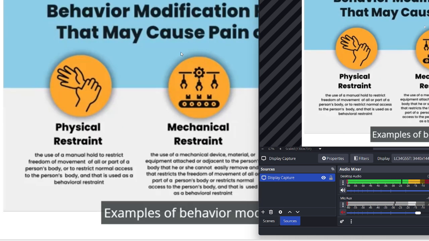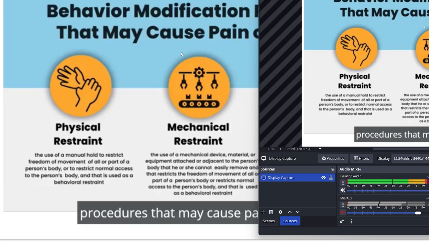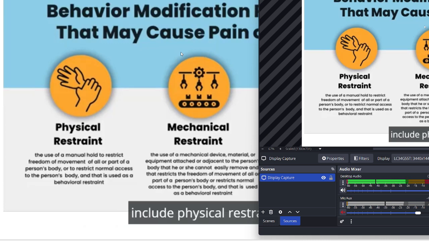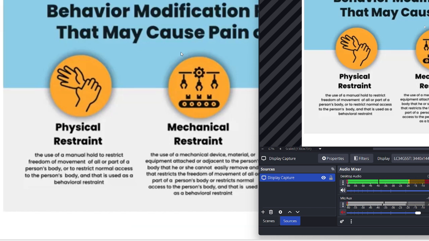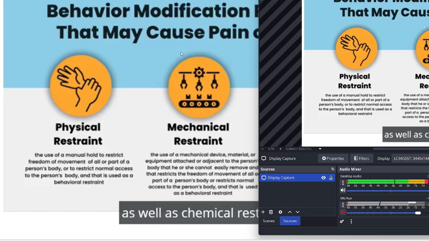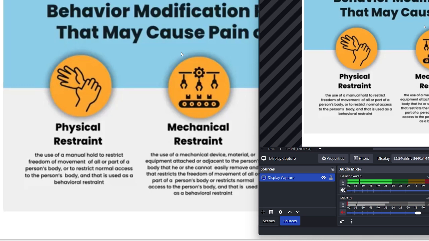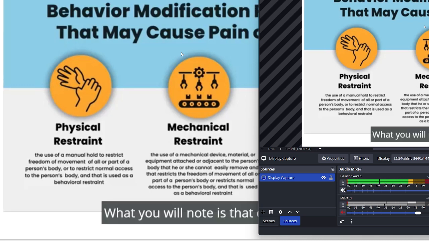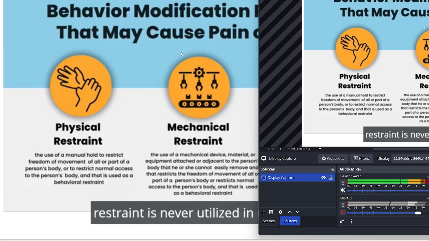Examples of behavior modification procedures that may cause pain or trauma include physical restraint, mechanical restraint, as well as chemical restraint. What you will note is that chemical restraint is never utilized in residential care facilities, as it is only acceptable to be utilized in hospital settings where a physician oversees the procedure.